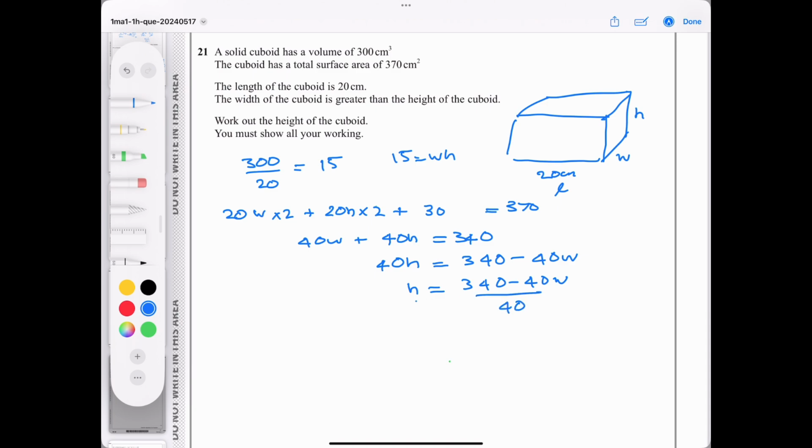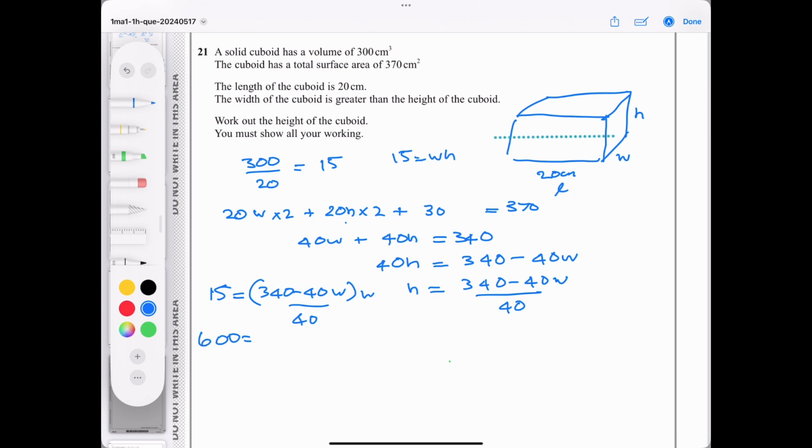If we stick that back into the other one, actually that wouldn't work. That times W would also give us an answer. So in theory, 15 equals 340 minus 40W, times W over 40.